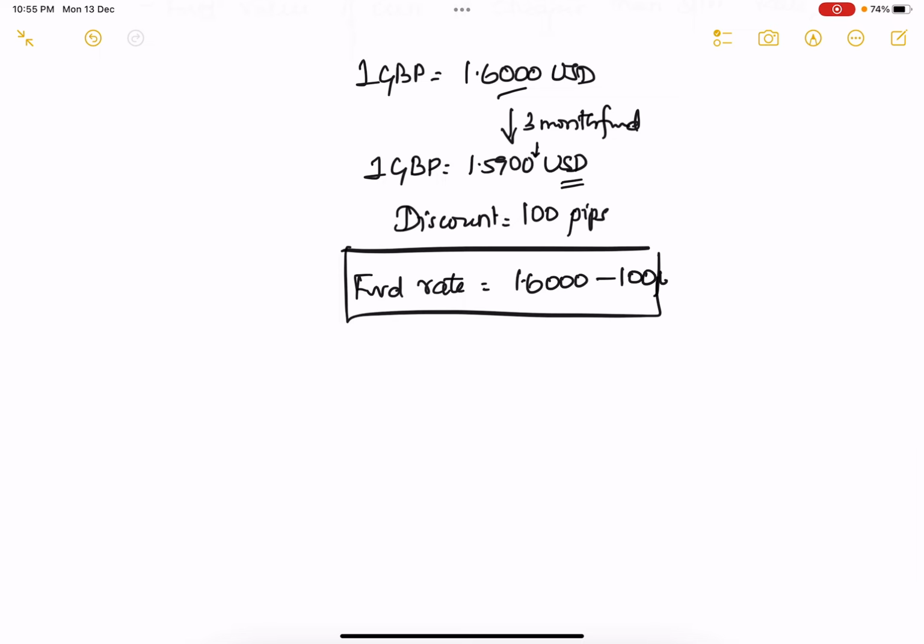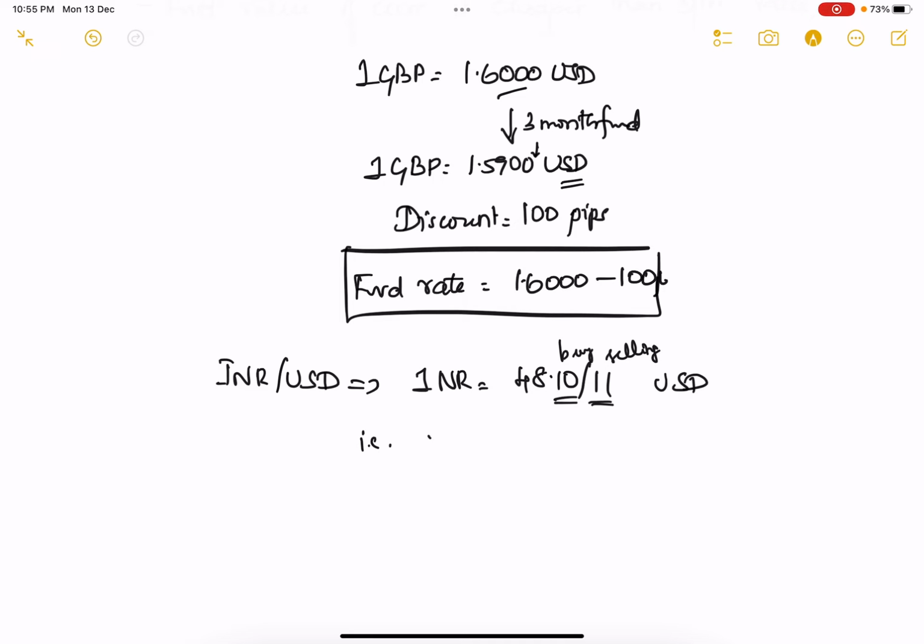Let me give you another example considering the selling rate and buying rate of any currency. So INR against USD is where this is considered to be the buying rate and this to be the selling rate.